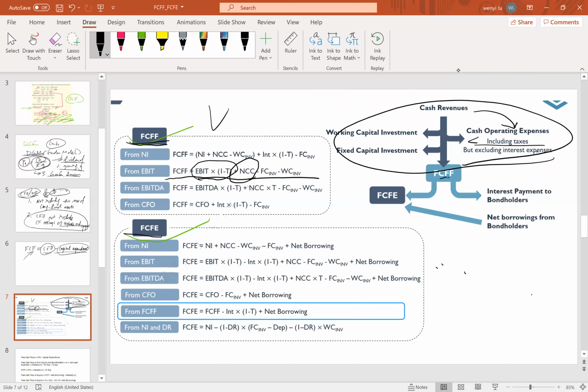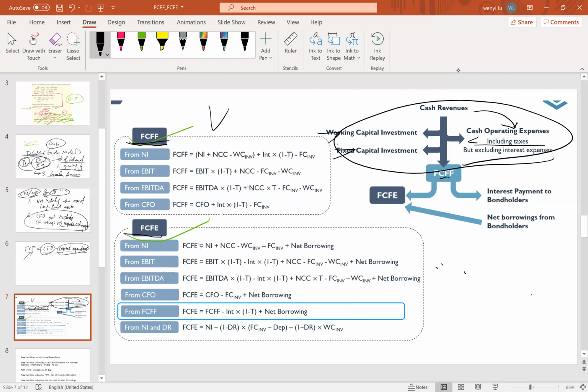So what is non-cash charge? It includes the depreciation and amortization and all the other non-cash charges. Now we need to minus what? One is the short-term investment, that's working capital investment, and the long-term is fixed capital investment. So that's our free cash flow to the firm.